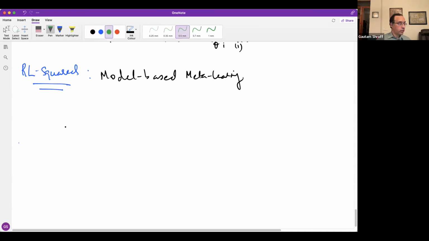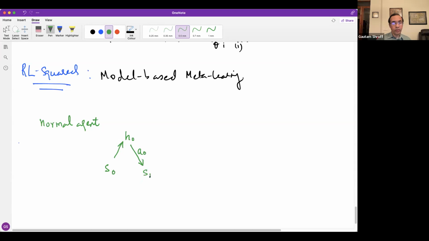So let's look at a normal agent. What does it do? It starts in a state S0. Based on that state, the agent computes some hidden state of its own neural network, and using that hidden state, it finds some action to perform.